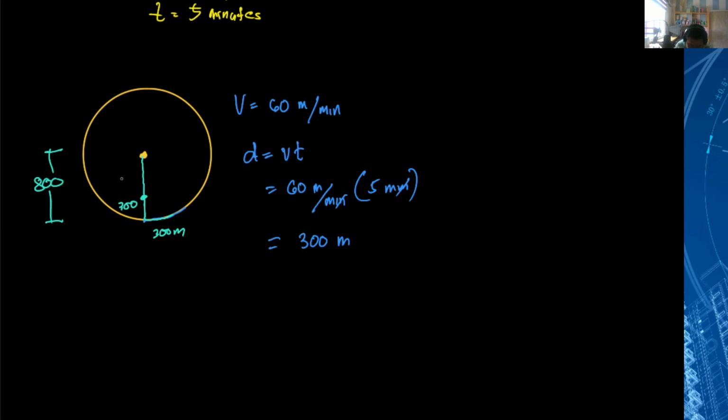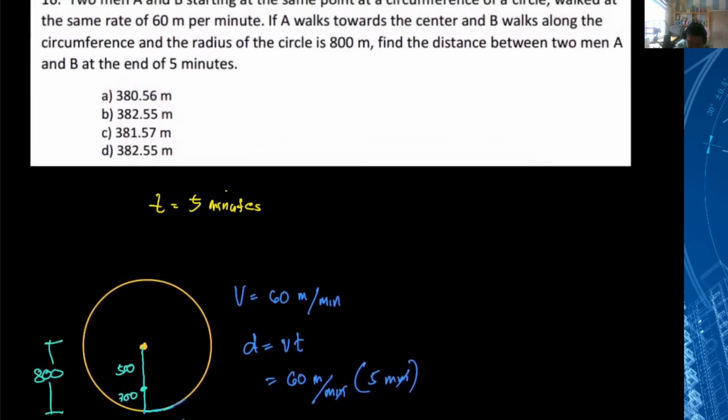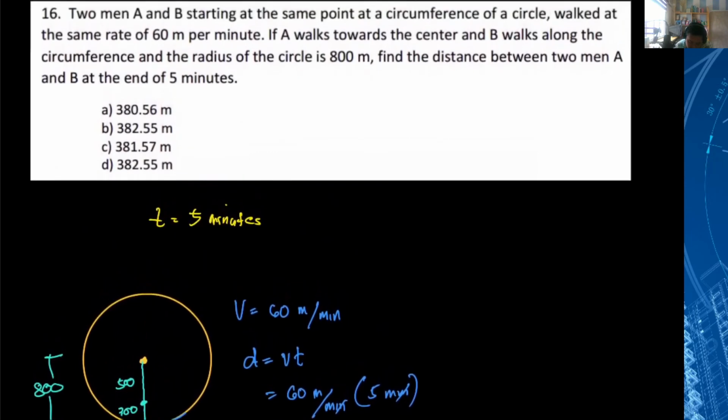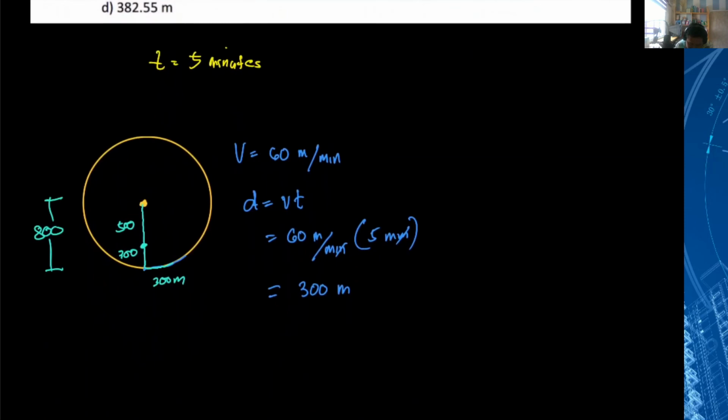So we know that this is 800, therefore this is 500, at this point. Okay? The question is, find the distance between the two men, A and B, at the end of 5 minutes. So we will solve this distance.